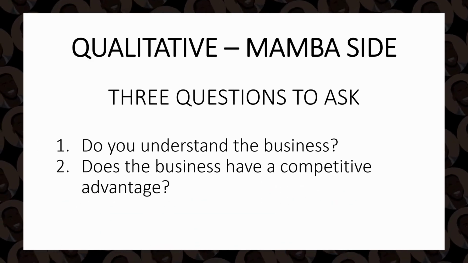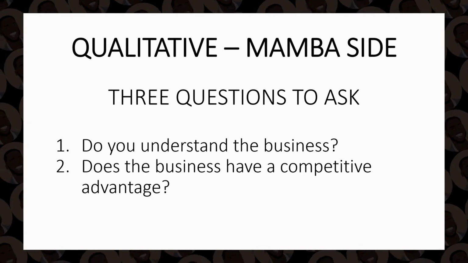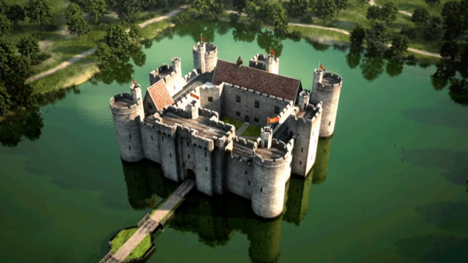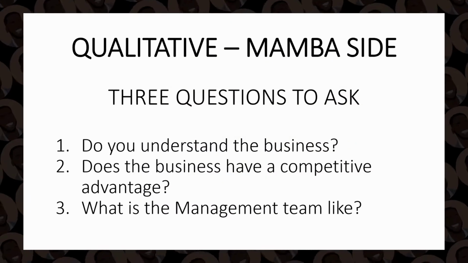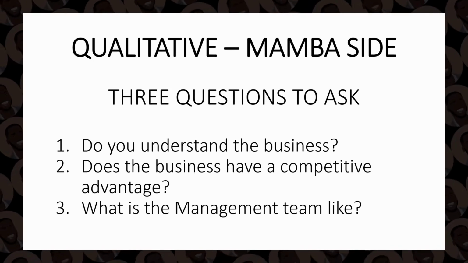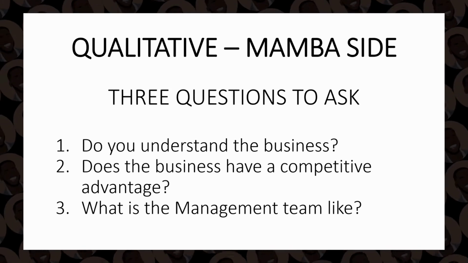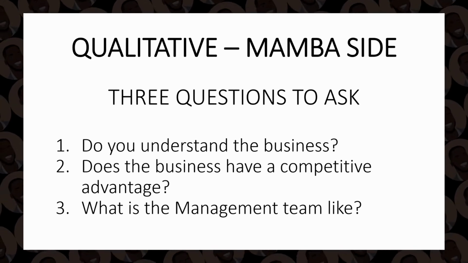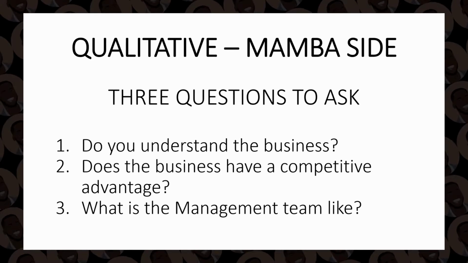The second question was, does this business have a competitive advantage, or as we talked about last week, does it have an economic moat so that other people can't compete against it? And the third question was, what is the management team like? And we talked about how each one of those questions are connected to each other. But anyway, this time around, we're going to be talking about the quantitative part of that analysis.